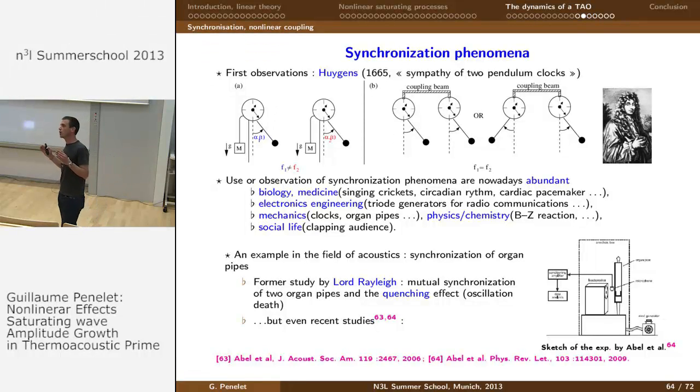If we have two autonomous oscillators, say two pendulum clocks, which are very similar but not exactly the same, so that they have their own different frequency, and we couple these two pendulum clocks with a beam, Huygens observed that each pendulum will shift its own frequency so that they have the same frequency, but we will also have a phase locking, so they will move this way or this way.